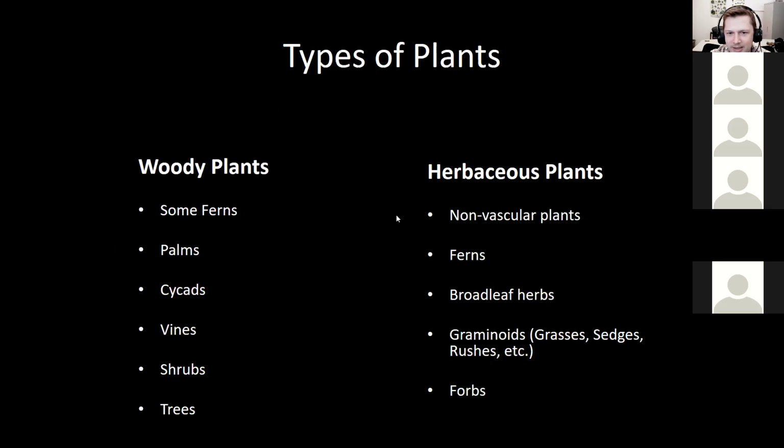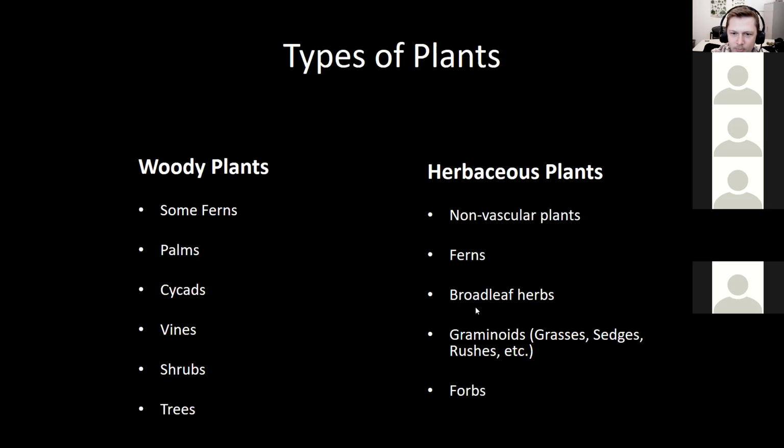And on the herbaceous side, you've got all your non-vascular plants, plants that don't even have a system for being able to transport water within themselves. These are the most primitive, earliest plants, basically. We don't see them too much, but like mosses, for example, true mosses, they don't have a vascular system.